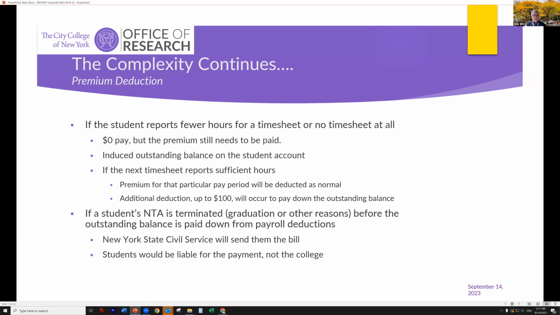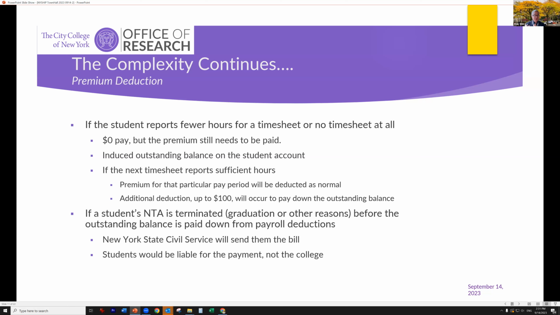It is not an amount that the college did not pay for the student. The college already paid for the NTA hours to pay for the payroll. That outstanding balance is the premium deduction that the student hasn't paid yet because they didn't have the payroll to pay for it. But they benefited from the health insurance already. They had the coverage of the health insurance during that time.